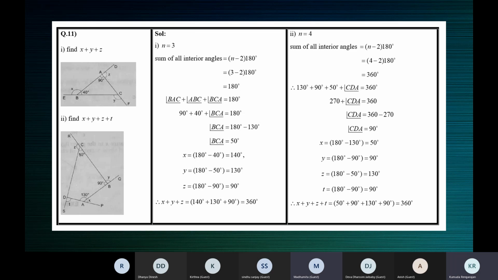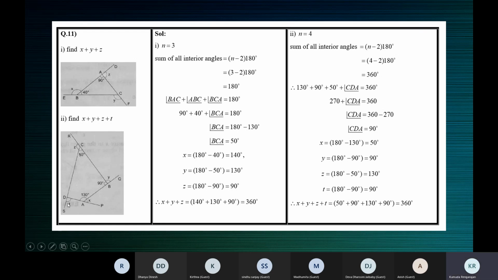Angle X. Using this interior angle 90 degrees, you can find angle Y. And using this interior angle 50 degrees, you can find angle Z. So you can find X, Y, and Z using 130, 90, and 50 degrees.